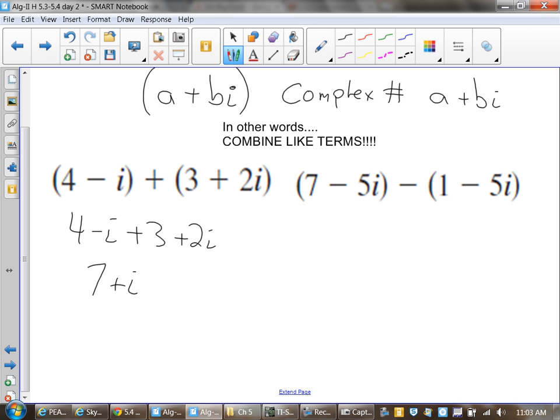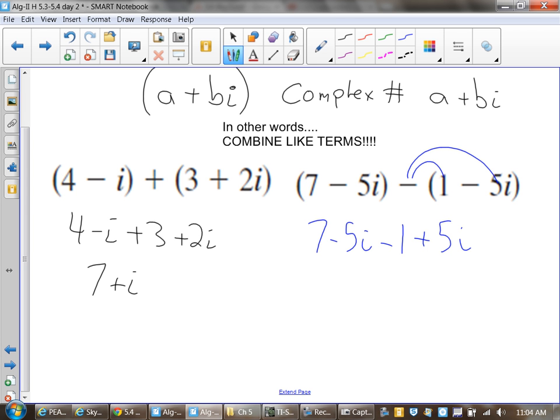What I want you to remember here is this is a complex number, subtract the other complex number. Make sure you distribute the negative to both terms. So when you rewrite it, you get 7 minus 5i minus 1 plus 5i.